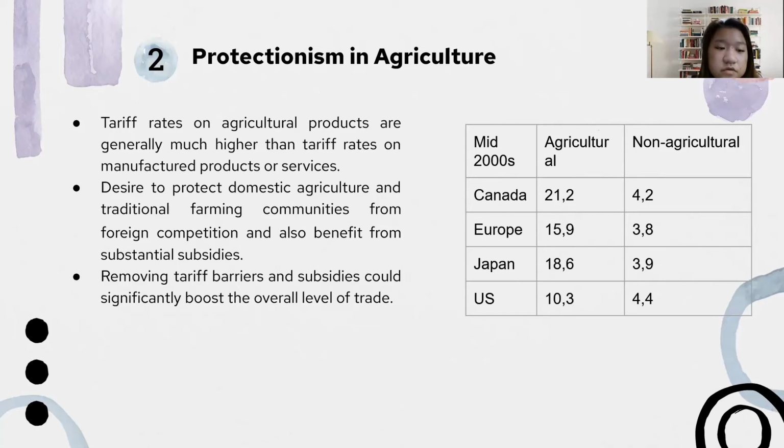The WTO argues that removing tariff barriers and subsidies could significantly boost the overall level of trade, lower prices to consumers, and raise global economic growth by freeing consumption and investment resources for more productive uses. In other words, free trade in agriculture could help to jumpstart economic growth among the world's poorer nations and alleviate global poverty. Well, next.